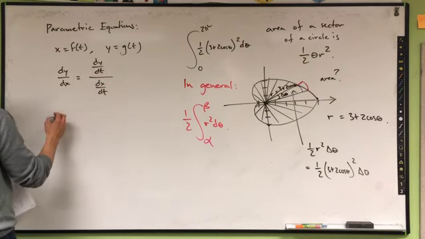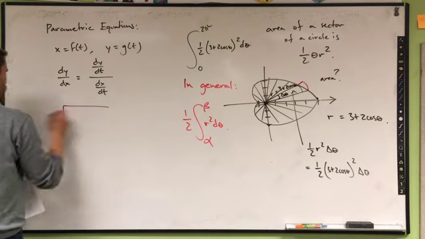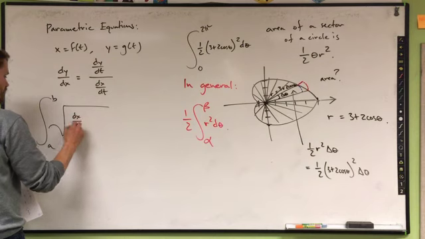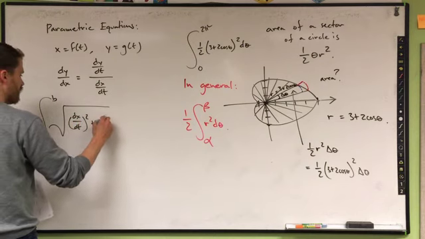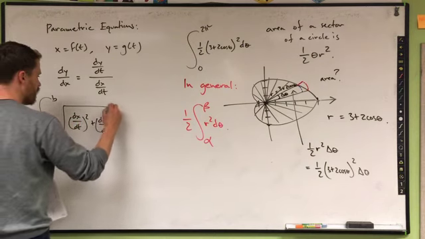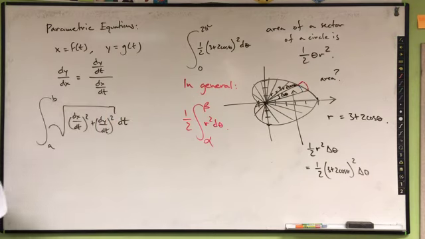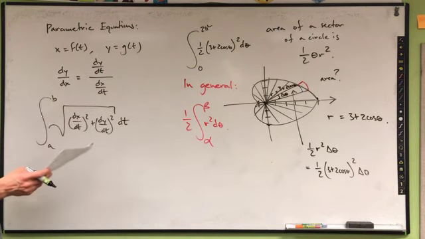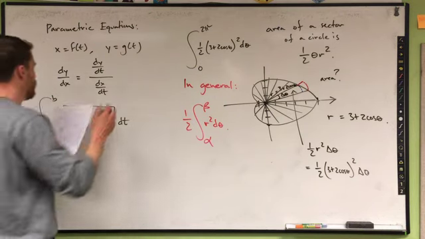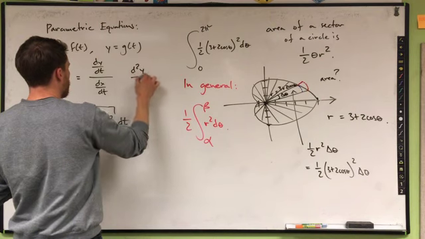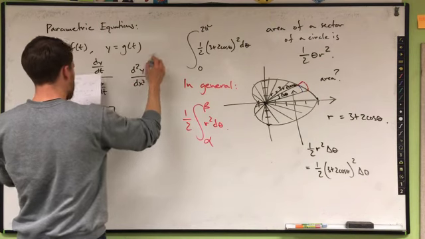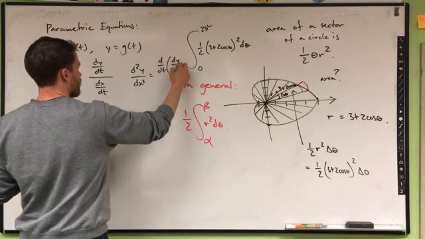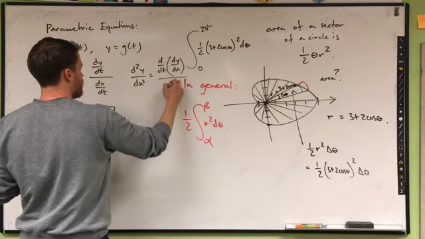We also found that the distance traveled was the integral from a to b of the square root of (dx/dt) squared plus (dy/dt) squared, dt. So this was the length of the curve, which was also the distance traveled, and this was our slope. We also knew that the concavity of the curve was given by the derivative with respect to time of dy/dx, all divided by dx/dt.